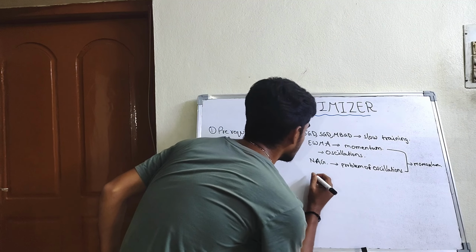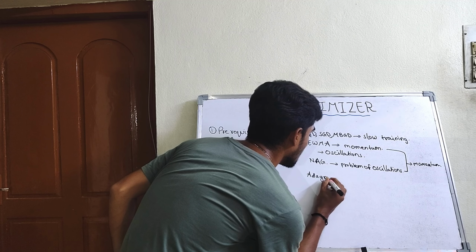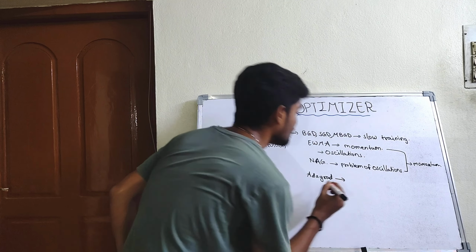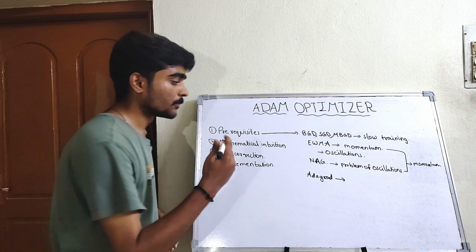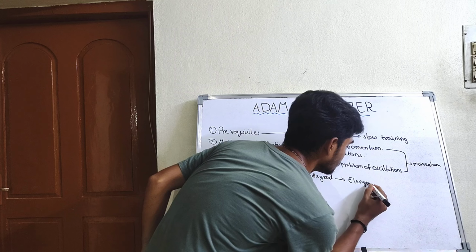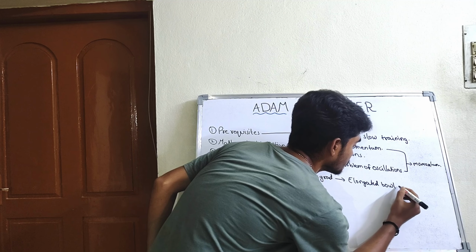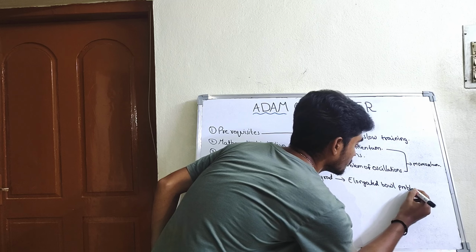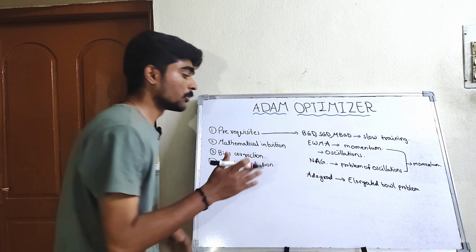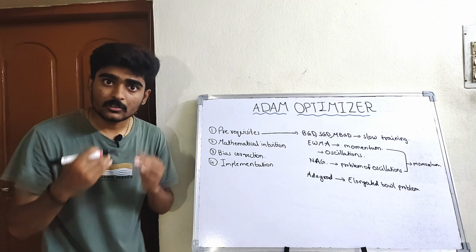After this we discussed the Adagrad optimizer, which solves the elongated bowl problem. But the problem with Adagrad is that it doesn't converge to the global minima.